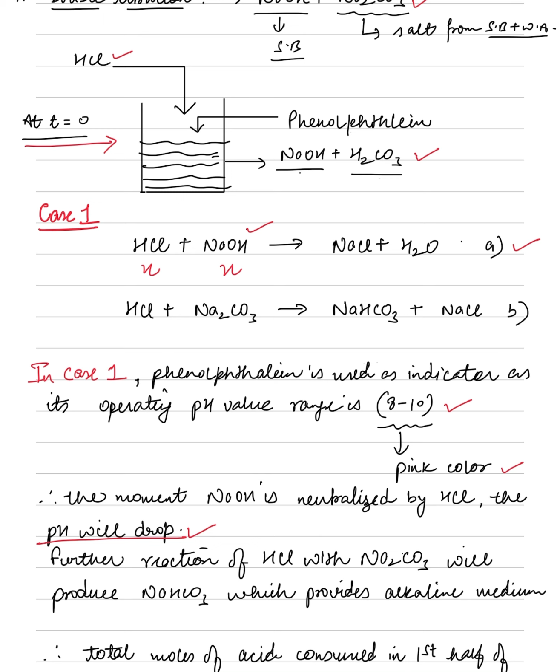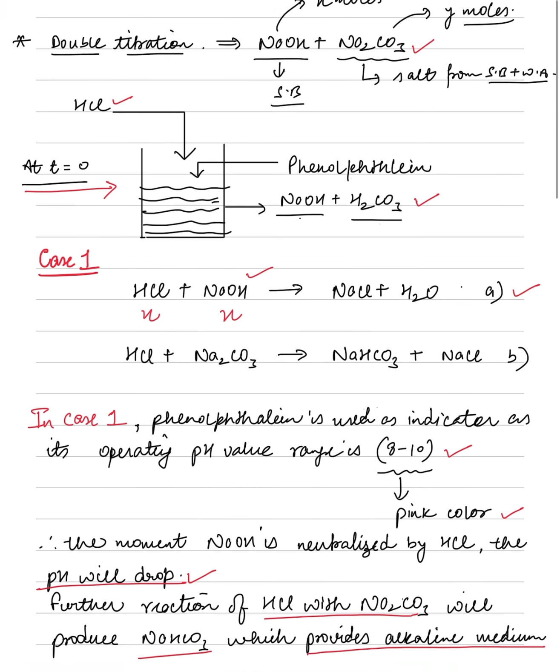Then we are continuously adding the HCl into the beaker. This HCl will react with Na2CO3 and produce NaHCO3, which will further provide an alkaline medium, because NaHCO3 gives an alkaline base.